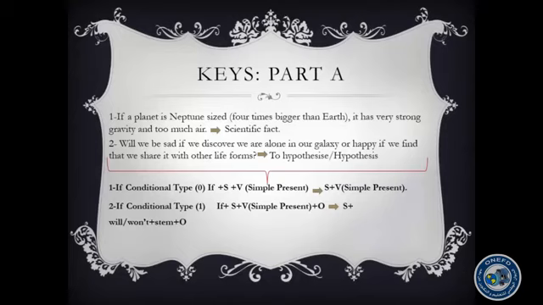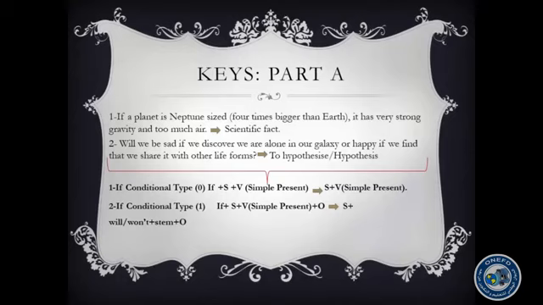Sentence number 2 is if conditional type 1. Again, we have the if clause, if plus subject plus present simple plus object equals subject plus will, or the negative form of will, which is won't, plus stem, meaning the verb in the infinitive without the to, plus object. And this type of conditional, we use it to express a hypothesis.